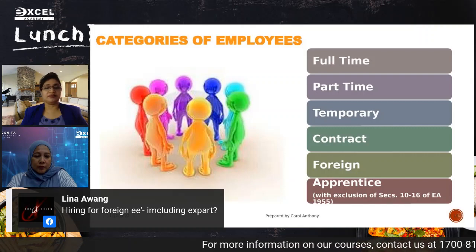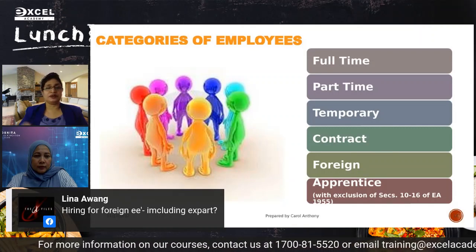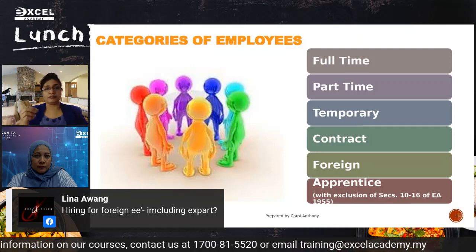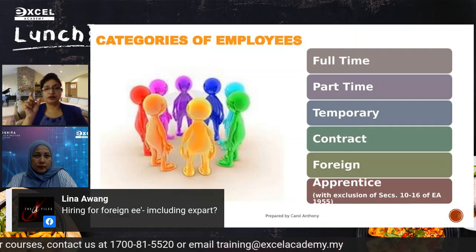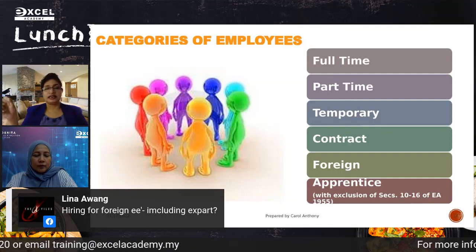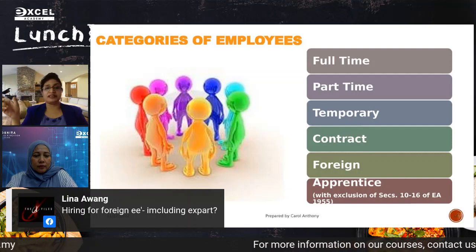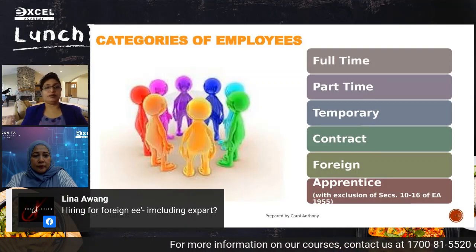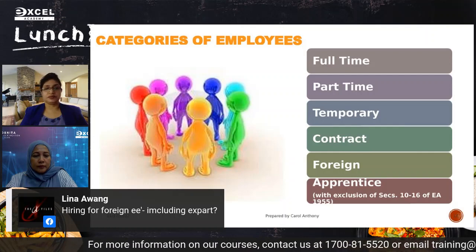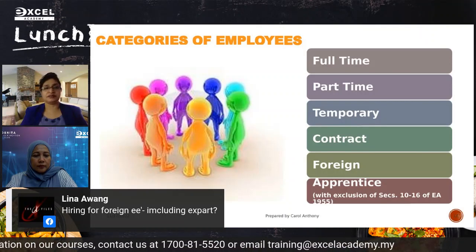They are not considered employees. So here it is only foreign employees. When you apply for the employment pass for them to come in, it would be stated as employment pass, or the other one is expatriate. If they are expatriate, all these Employment Act provisions are not covered. Whatever clause is not covered here, they will follow whatever contract is given to them.